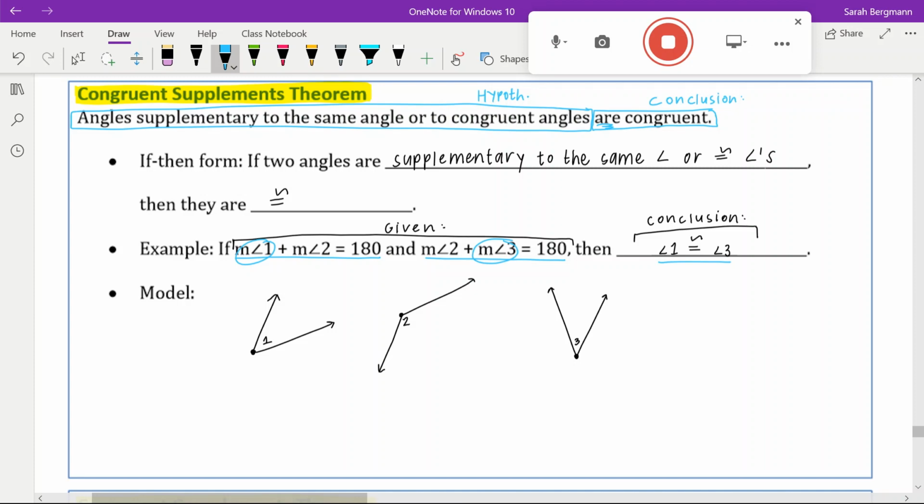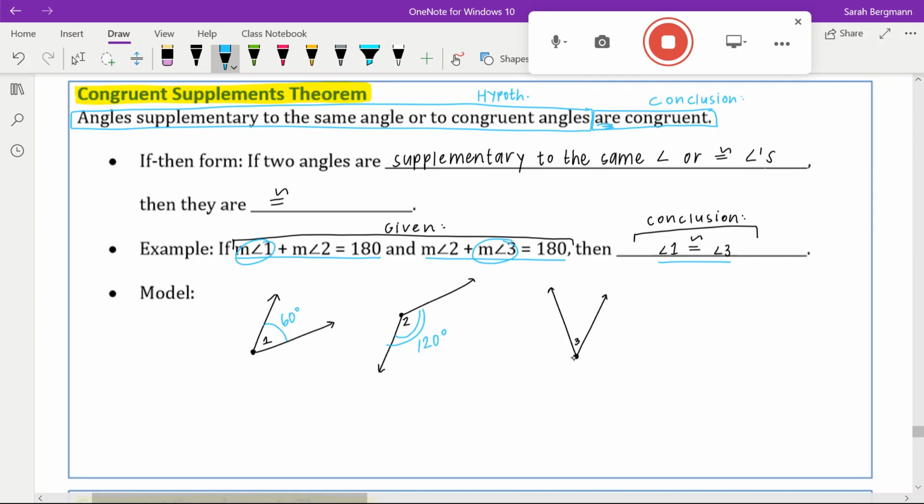Looking at a picture here, let's say I know angle 1 and angle 2 are supplementary. Maybe angle 1 has a measure of 60 degrees and the measure of angle 2 then is 120 degrees. Those two angles are supplementary. Now let's say I also know angle 2 and angle 3 are supplementary.